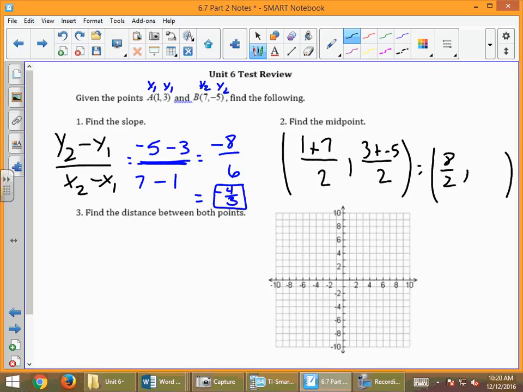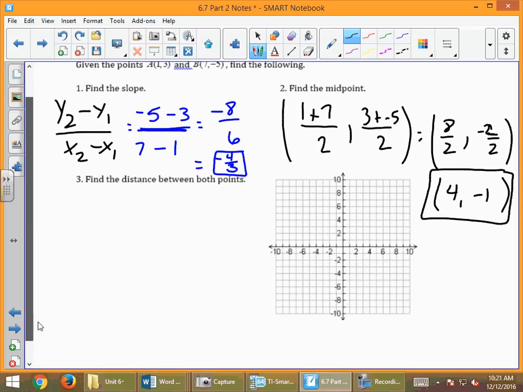What's 3 plus -5? -2. Over 2. Alright, 8 over 2 simplifies down to 4. -2 over 2 simplifies down to -1. There's your midpoint. Questions over that?